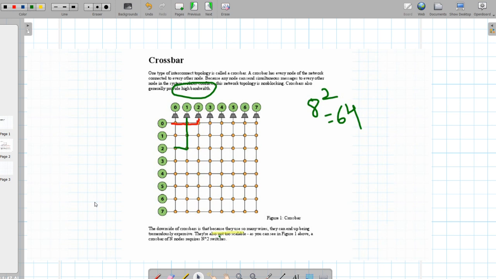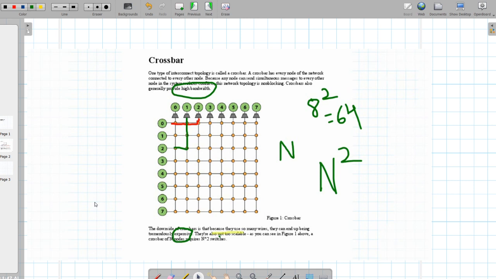Now, as a generalization, we can say that if there are n processors in your system, the number of switches required to implement this crossbar interconnection network will be n square, and in this way it becomes an expensive type of network. So this was the basic idea behind the crossbar network.